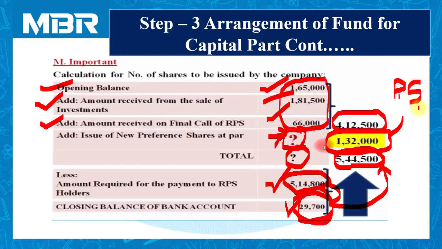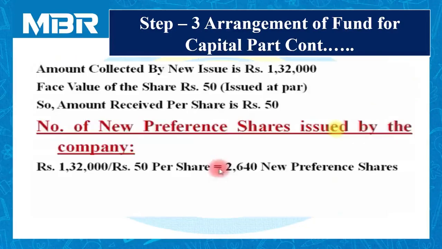And this is one of the most important points for our answer as well as our chapter. Now, from this particular table, we are clear that the company is required to collect rupees 1,32,000 from the new issue. So let us calculate the number of new preference shares issued by the company.